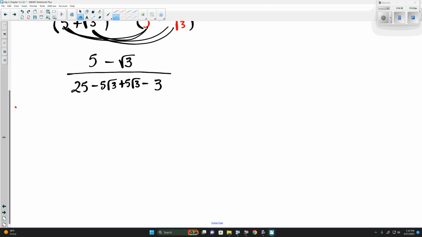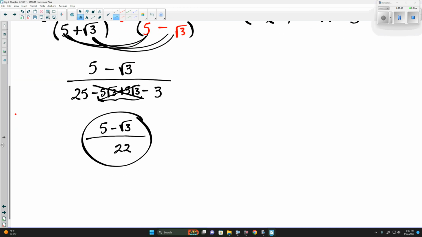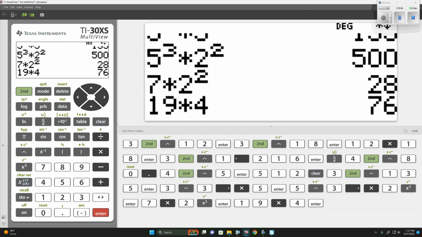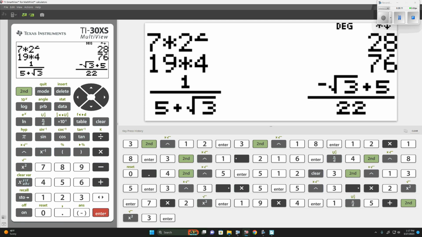Now we have got almost all the radicals in the denominator gone, but we have 2 left, yes? 5 square root of 3 minus 5 square root of 3 is 0. So we get 1 over 5 plus square root of 3.